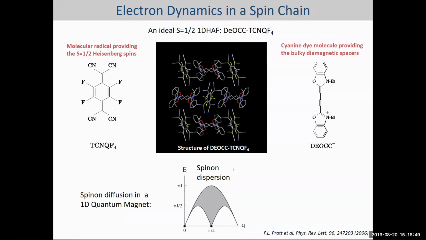And from neutron studies, one expects the spinon dispersion in such a spin chain system to have this form. Now, the muon is essentially an E equals naught probe as far as fluctuations are concerned. So we don't measure this whole spectrum. All we measure are the places where omega tends to 0. So that means that we expect a Q equals 0 and a Q equals pi over a contribution.